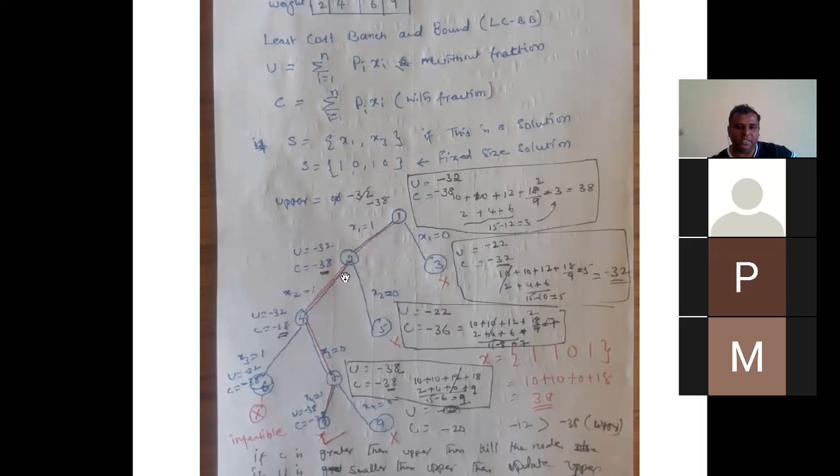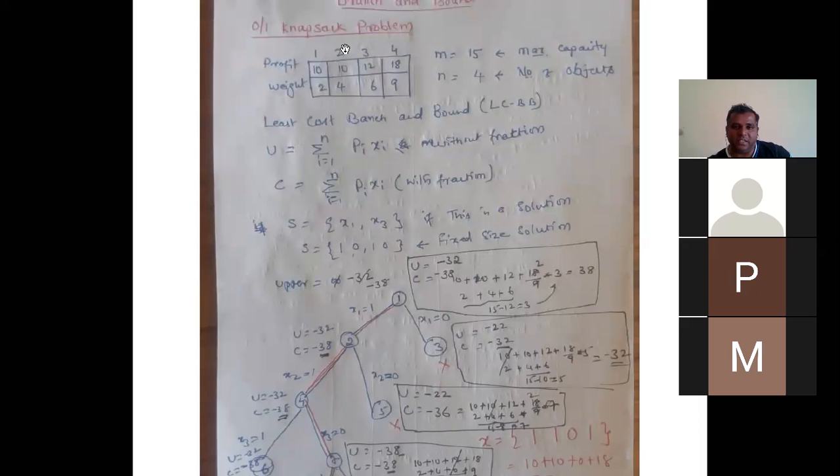That means the first object is considered, the second object is considered, and the third object is also considered. So you will get minus 32 U and minus 38 C value, with fraction and without fraction. Without considering the second object, the second object is not there, only the first, third and fourth objects.